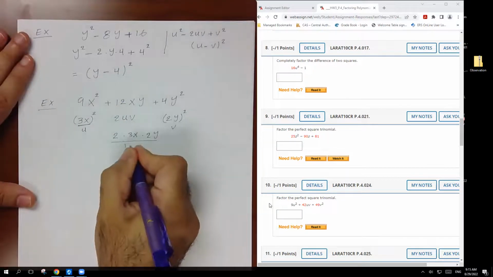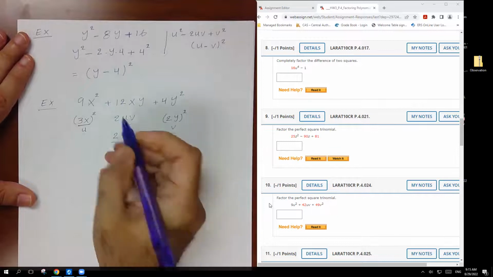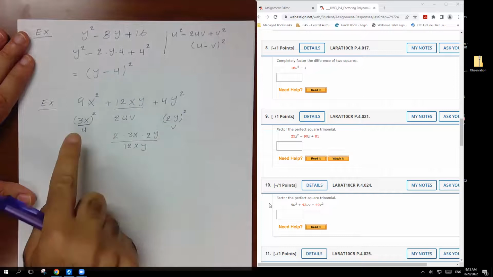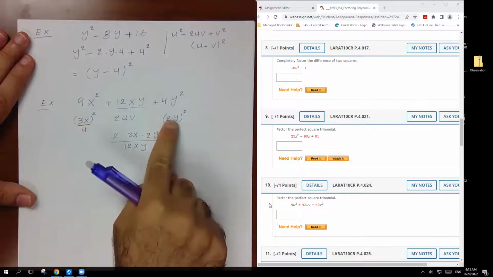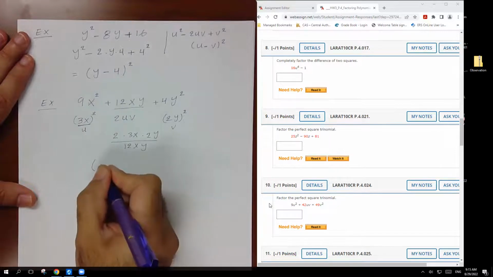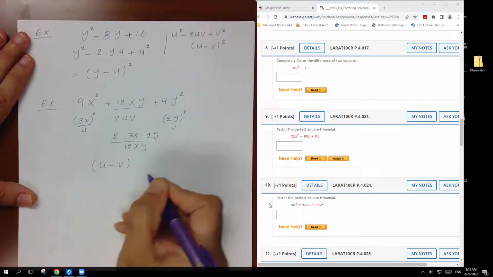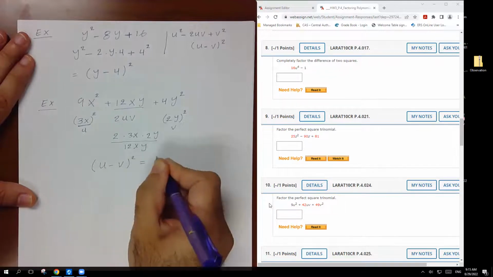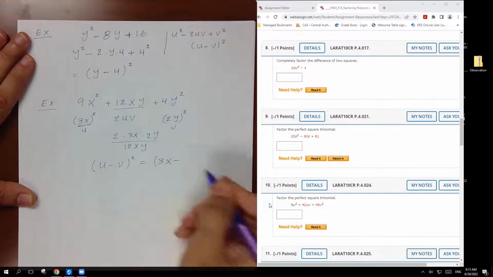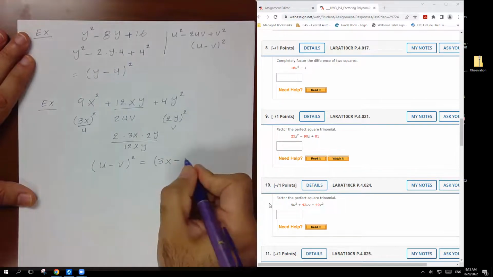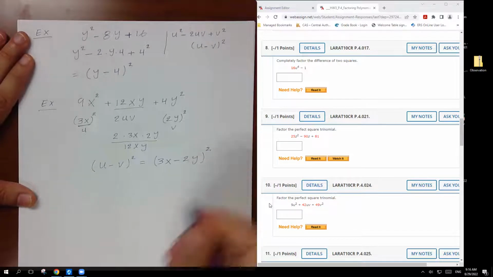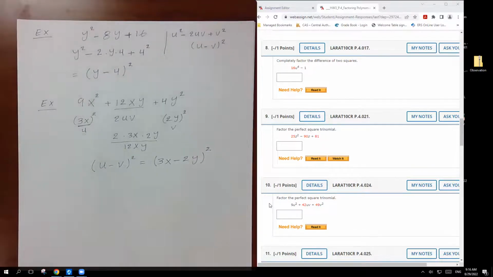The result is going to be 12xy, which is the middle term. So I can write down the middle term as 2 times u times v. That means my solution is going to be u minus v squared, which is equal to, here's the u, 3x, minus the v, which is 2y. Close the parentheses, and here's the square. That's it for this example.